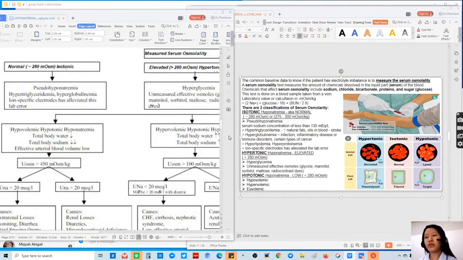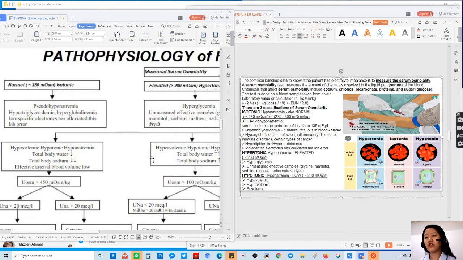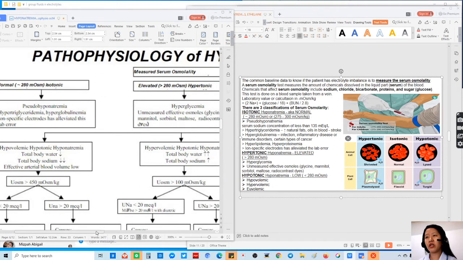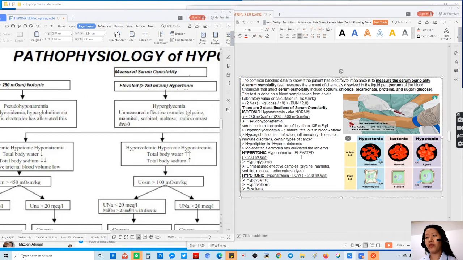The second is elevated, or hypertonic hyponatremia, more than 280 milliosmoles, or in other books more than 300 milliosmoles per kilogram.